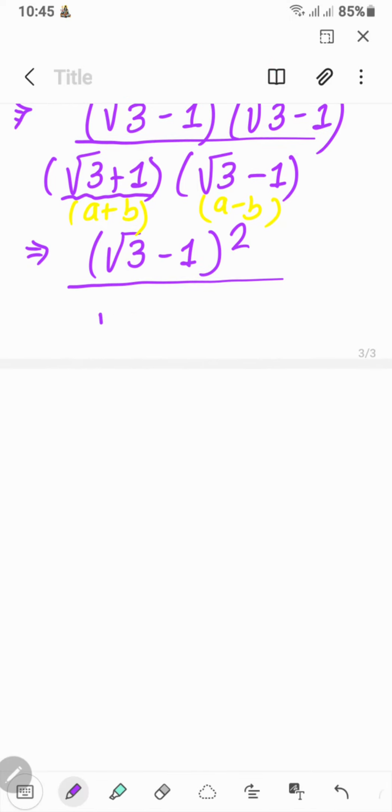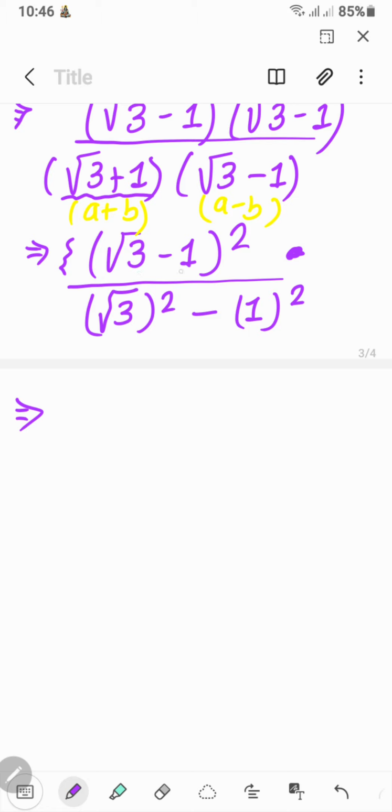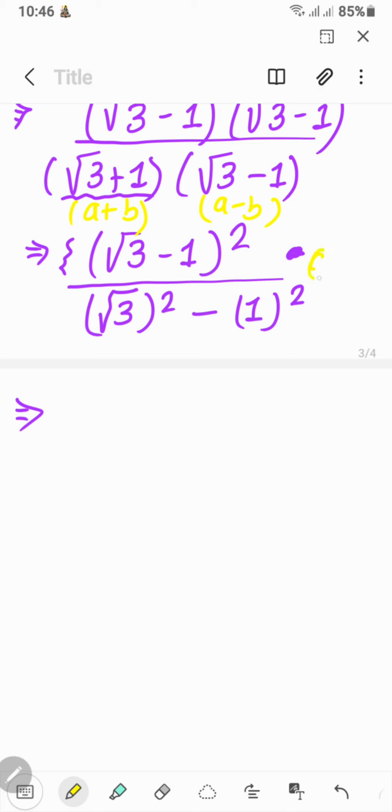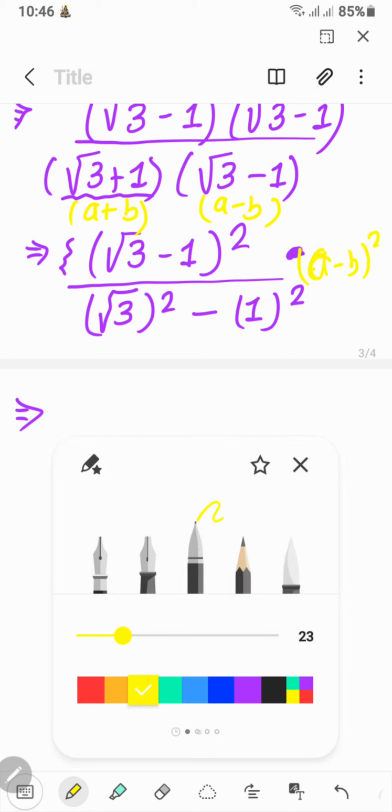Now I will simply write a, our root 3 whole square minus 1 whole square, right? And there is one more formula hidden in this numerator as well. Yes, it is a minus b whole square.